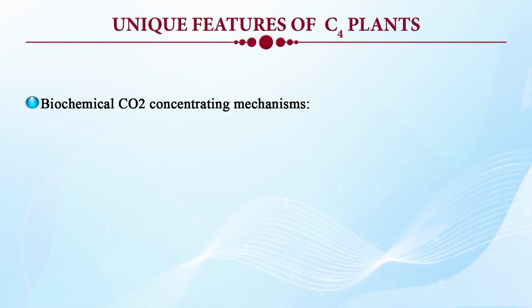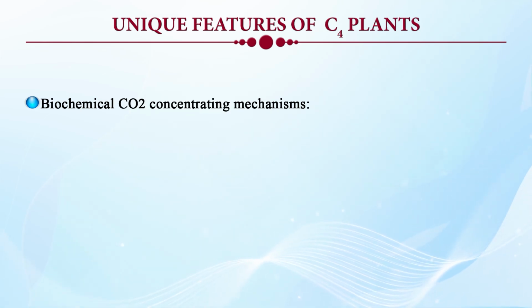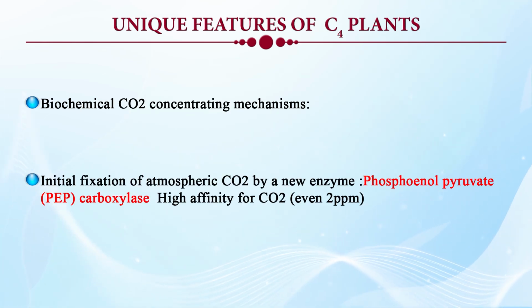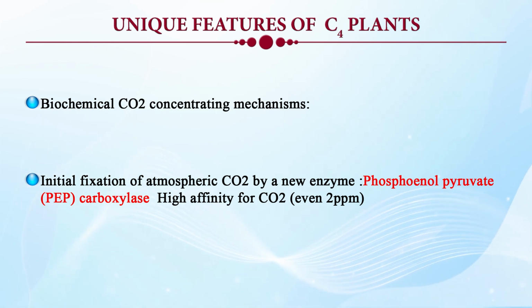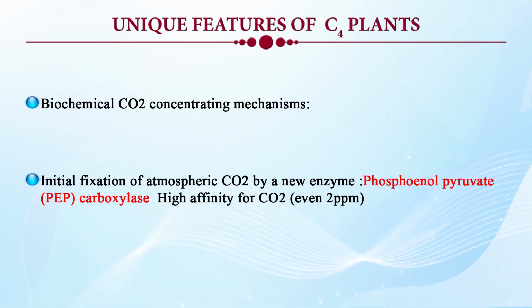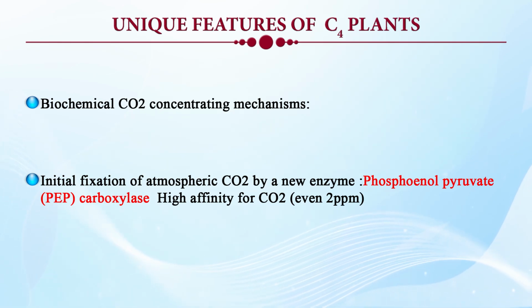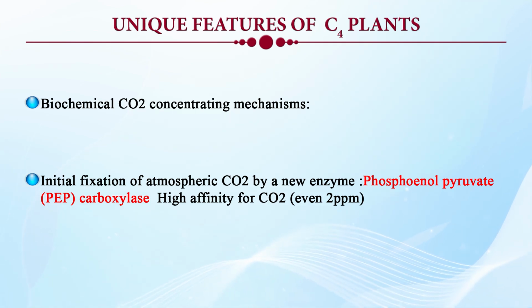So, what are the unique features of C4 plants? It concentrates the carbon dioxide by initially fixing it with a new set of enzymes headed by PEP carboxylase, popularly called pepcase, phosphoenol pyruvate carboxylase. This enzyme has evolved to have a very, very high affinity for carbon dioxide.